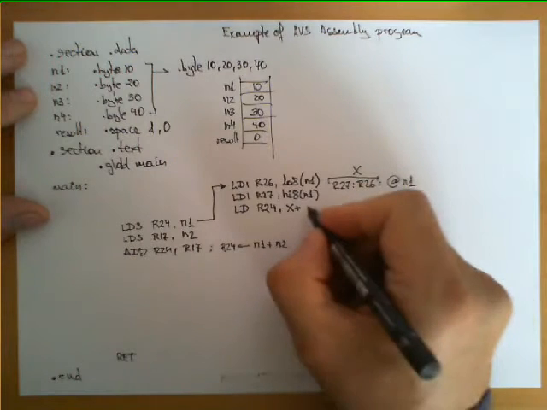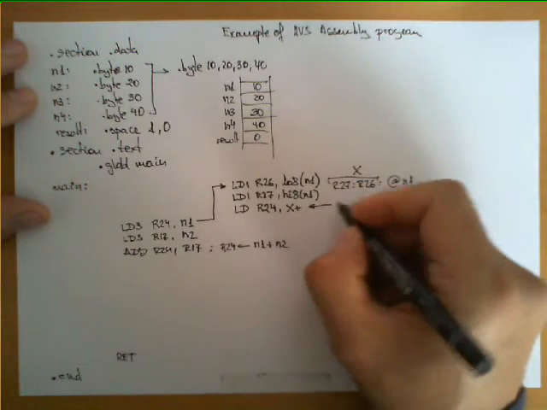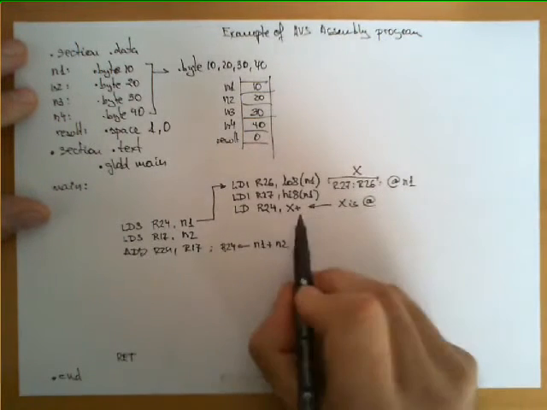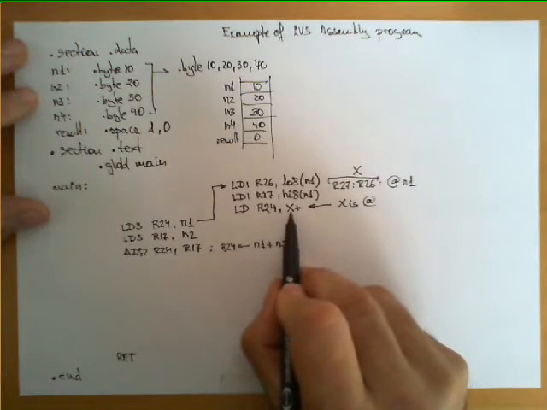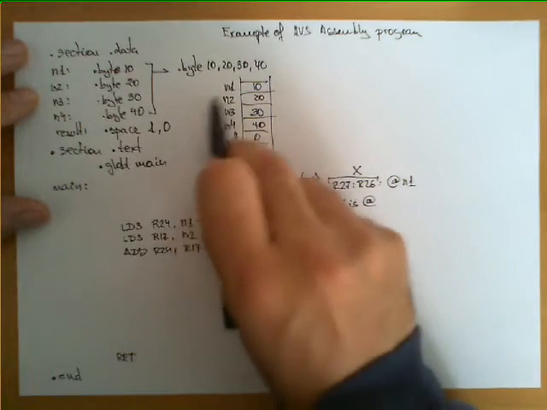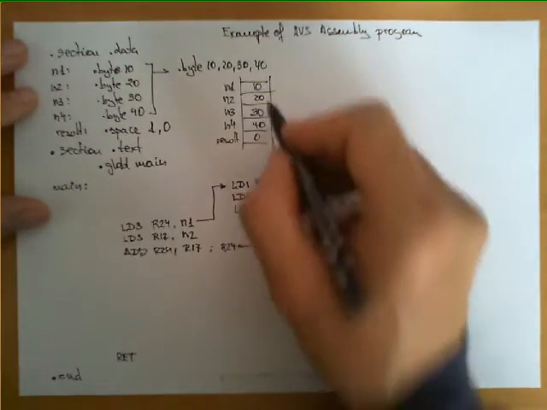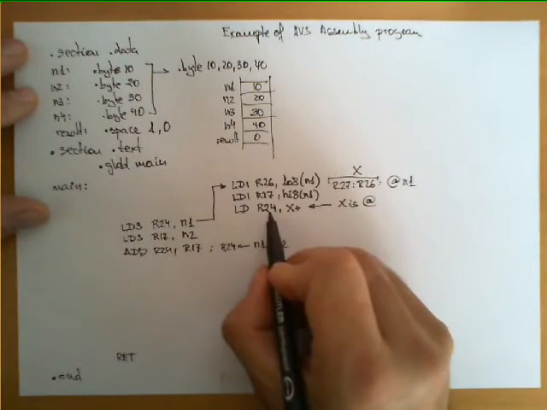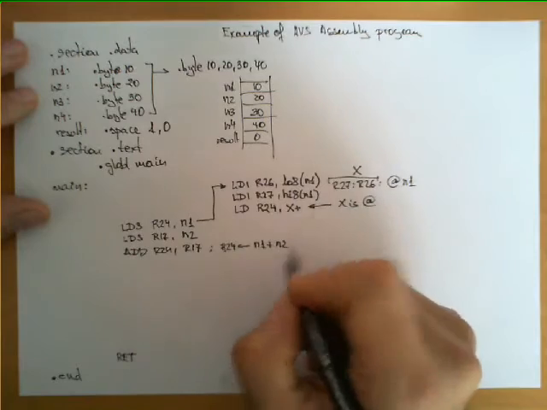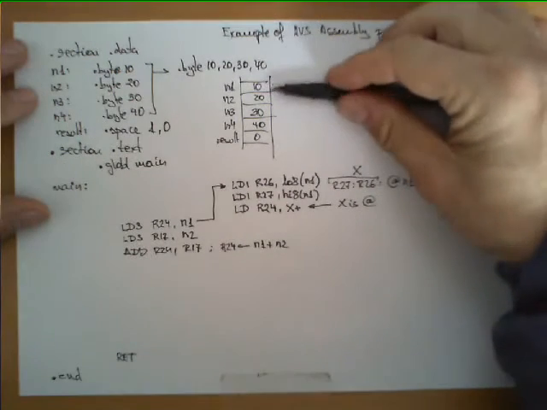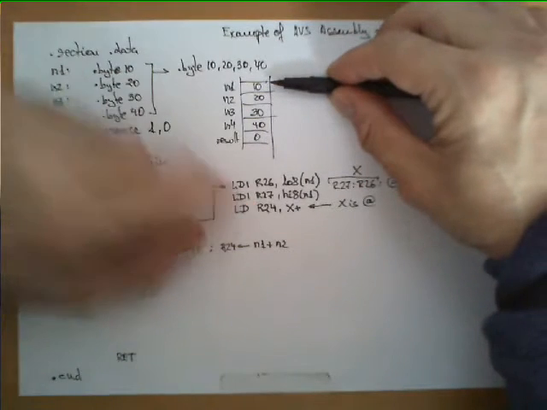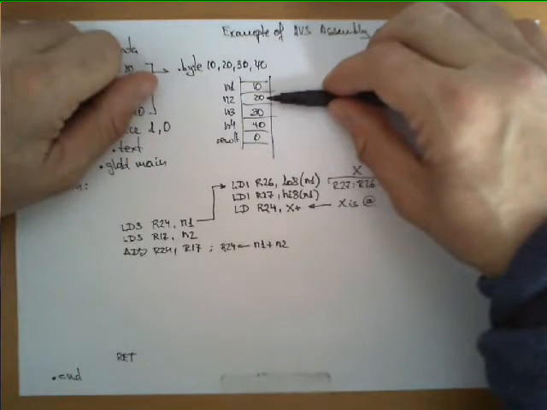So what I'm doing here is going to memory with an address which is stored in the register X. I'm going to memory where this location is pointing to, which is of course N1. I'm getting the value 10, I'm storing it in R24, but, and this is the important part, the register X is incremented, which means that X, which started with the address pointing to this number, after this instruction, number 10 will end up in R24, and the address will point to the next position.